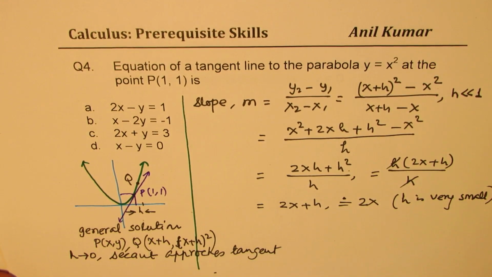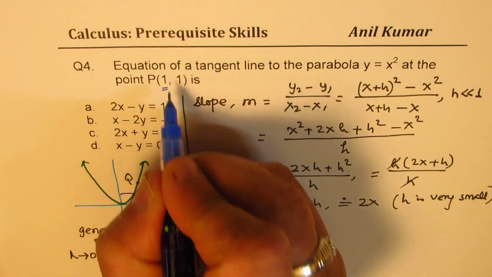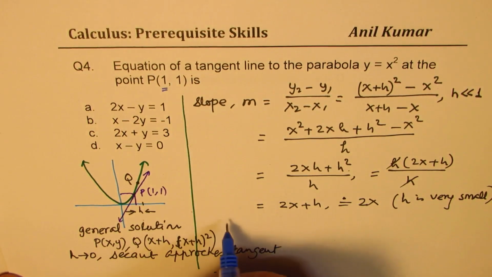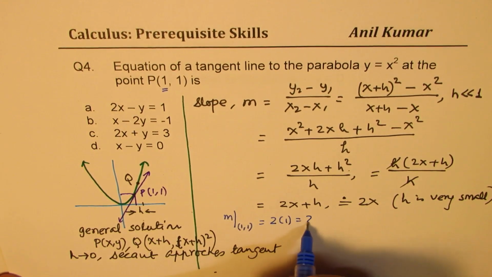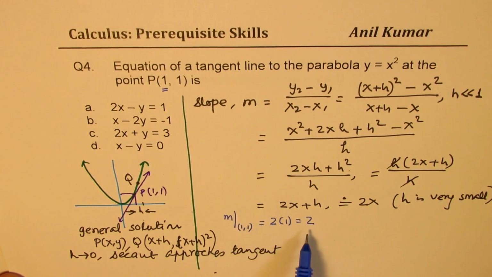Now in our case, what is the value of x? Since x is equal to 1, the slope at the point 1, 1 is basically 2 times 1, which is 2. So that becomes the slope.